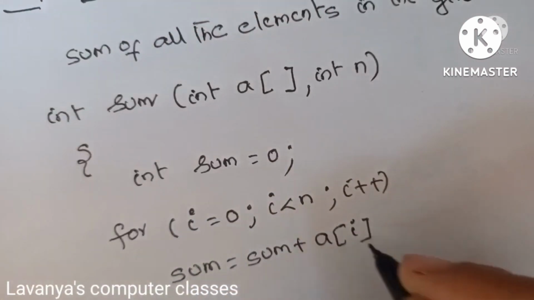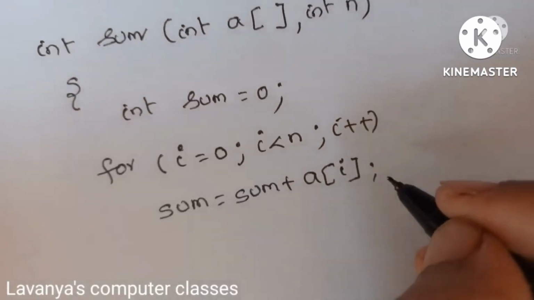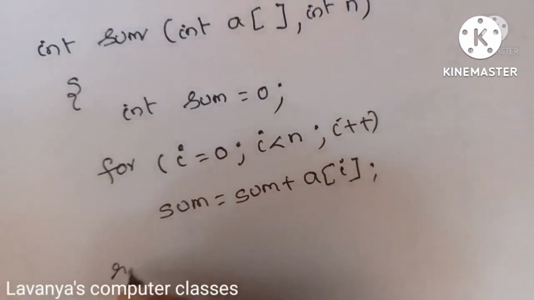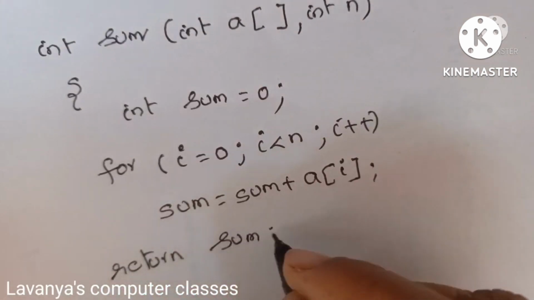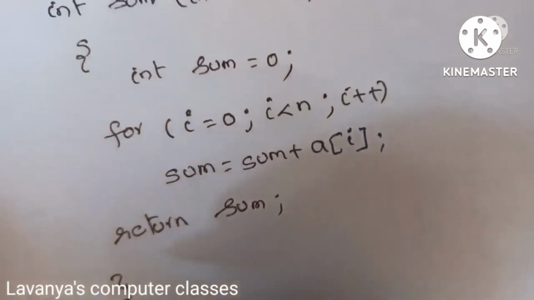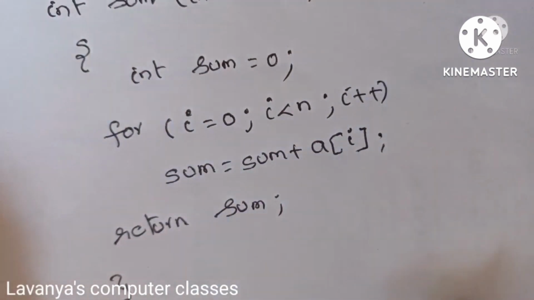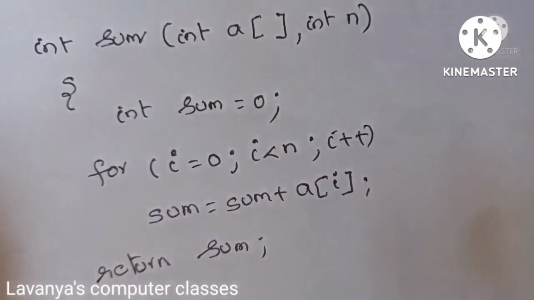Sum is calculated, then return sum. Whenever the function is over, close the algorithm. So this is the algorithm for the sum of all the elements in the given array.